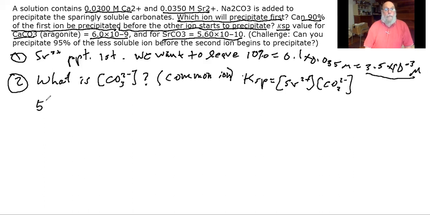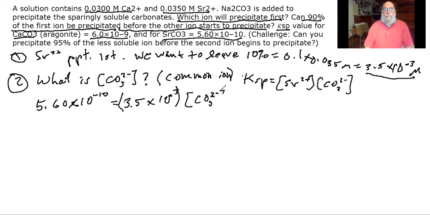So KSP is going to be equal to the strontium we have left, the common ion. I said carbonate, but that's not correct actually. Right now we've got 3.5 times 10 to the minus 3 molar, and our unknown in this case is the carbonate ion concentration.